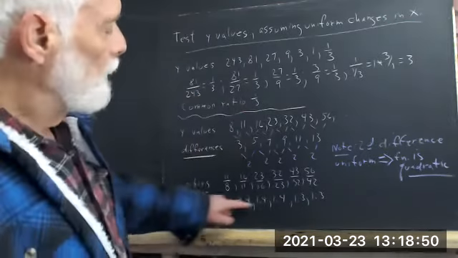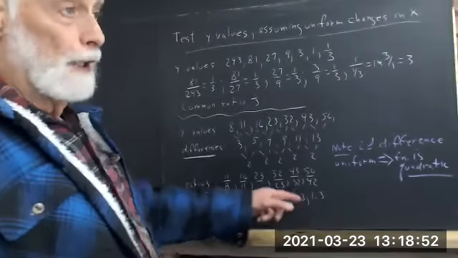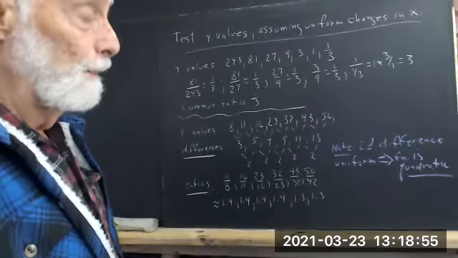Now, if you carry these out to more decimal places, you see that none of them are equal. Okay.